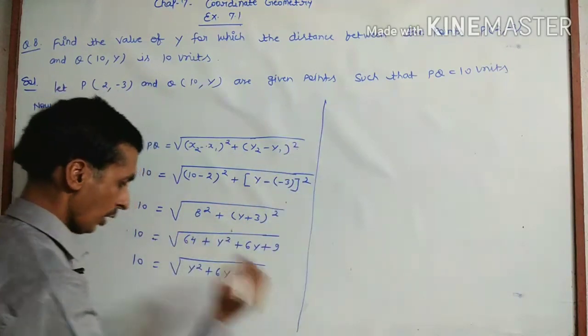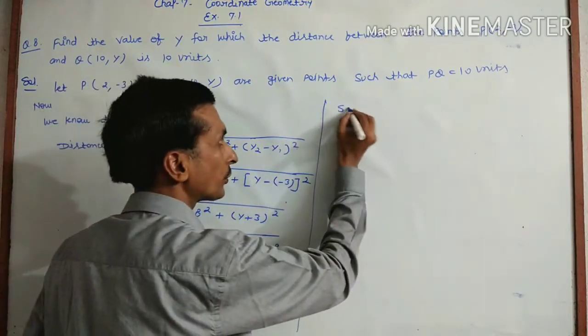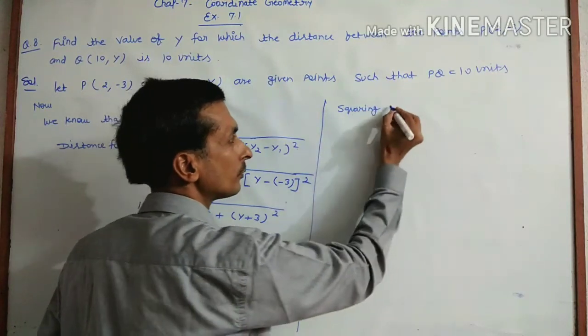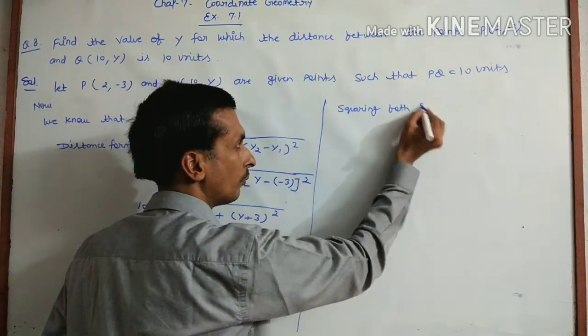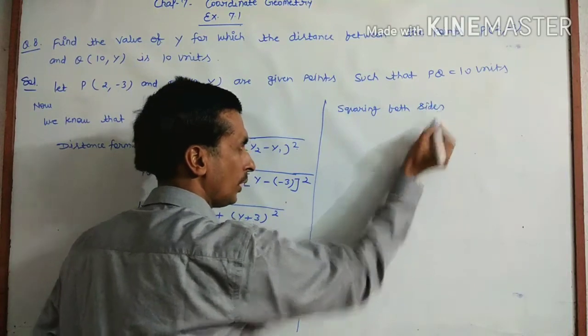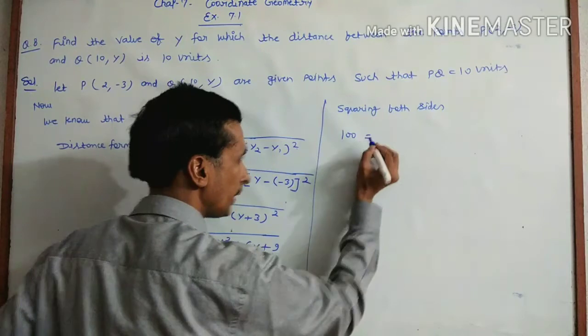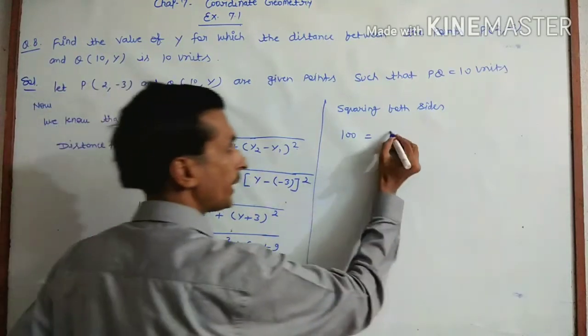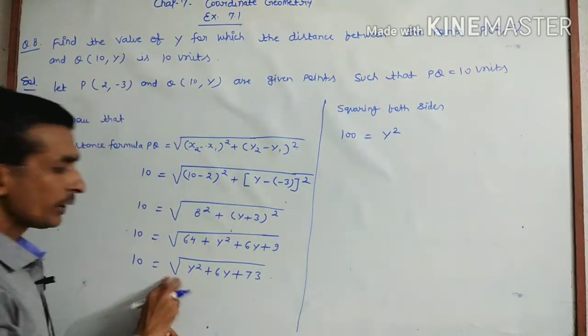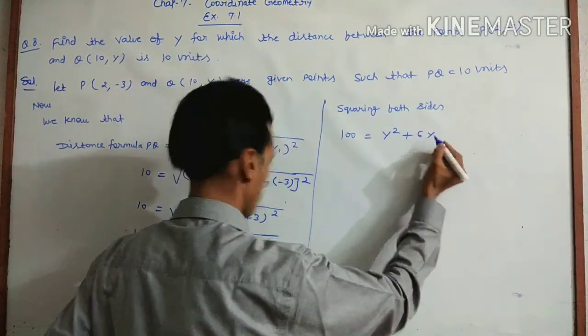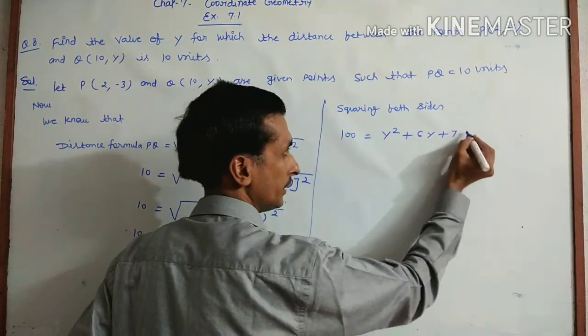Okay friends. Now squaring both sides. So 10 square how much? 100 equal to, squaring, so you can remove the root sign, y square plus 6y and plus 73.